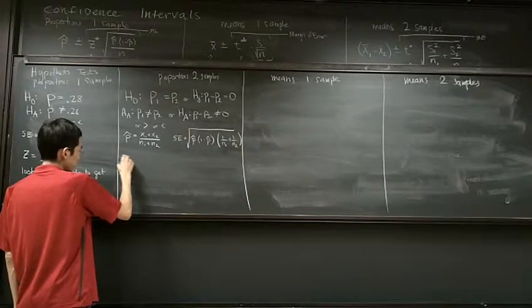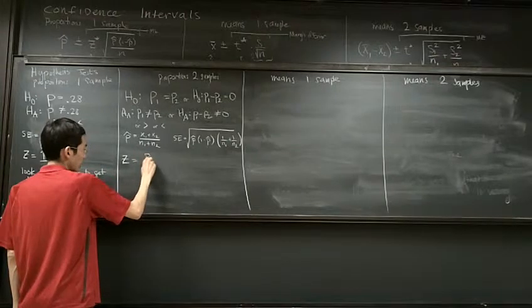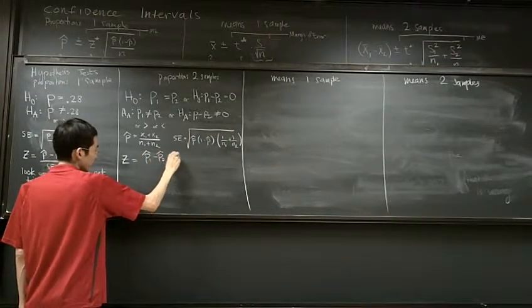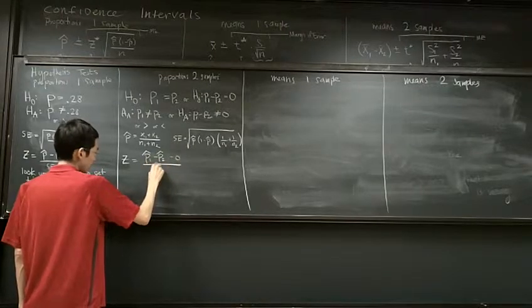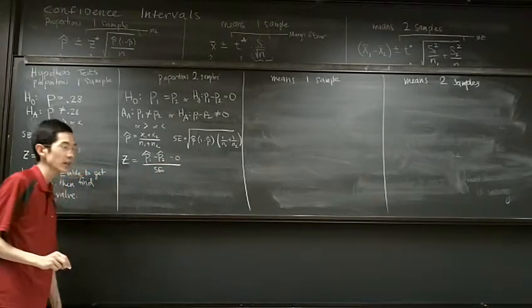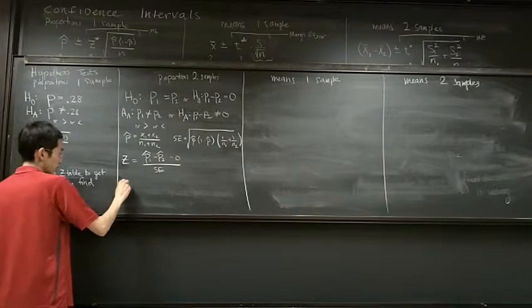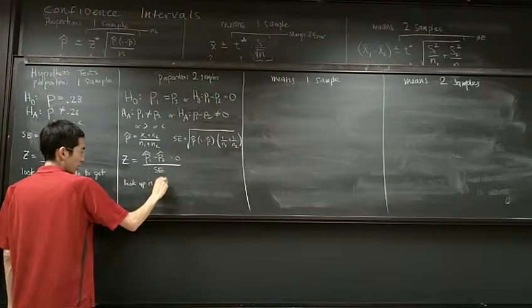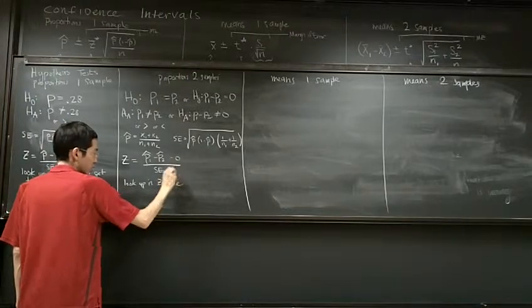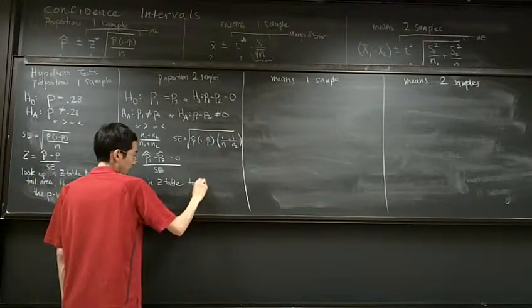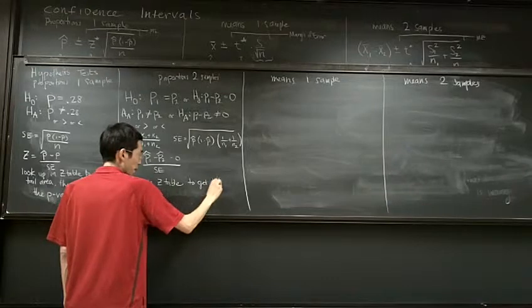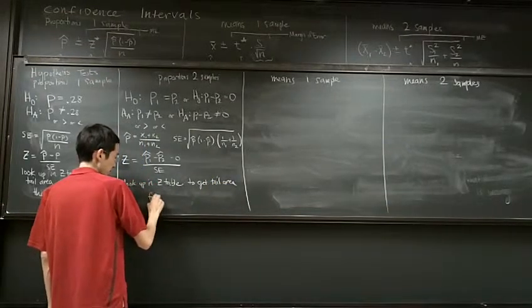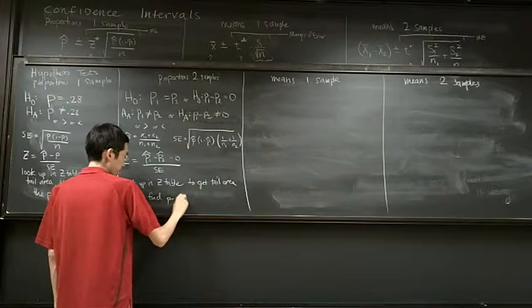Your test statistic is a z-score: P1 hat minus P2 hat, technically minus 0, divided by the standard error. Look this up in the z-table to get your tail area, and then find the p-value.